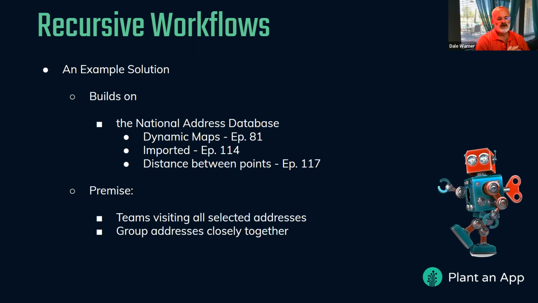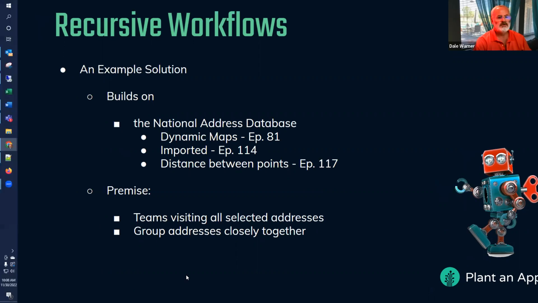And as we send teams out, we want to group these addresses closely together so one team isn't spread out all over town with different addresses. We wanted to focus them in on a particular area. They can hit it efficiently and then move on. So that's the premise. Let's see what it looks like.